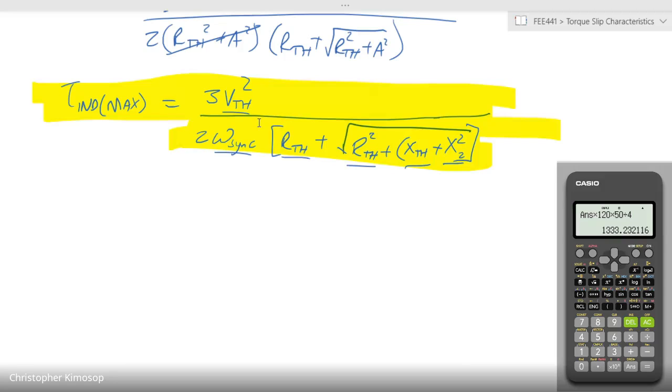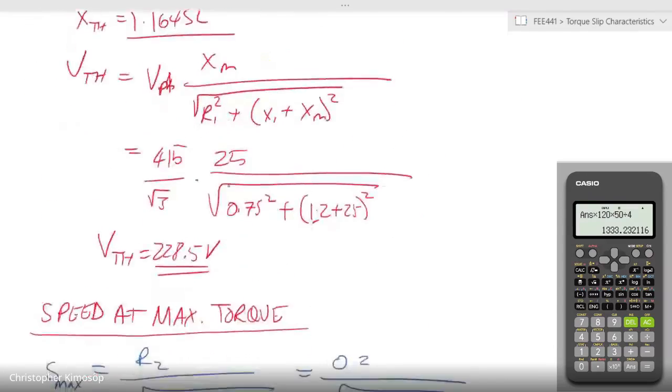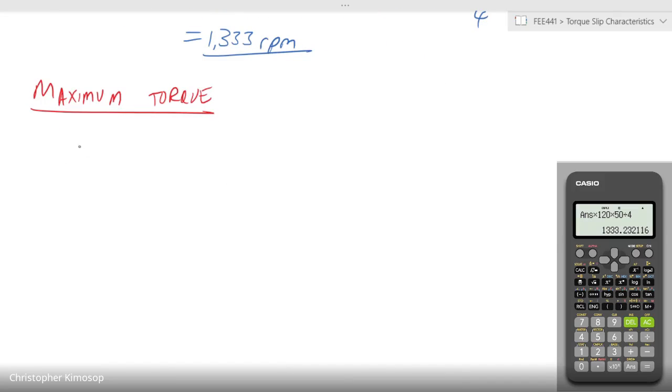We have calculated the Thevenin voltage, R Thevenin and X Thevenin. We need the synchronous angular speed.